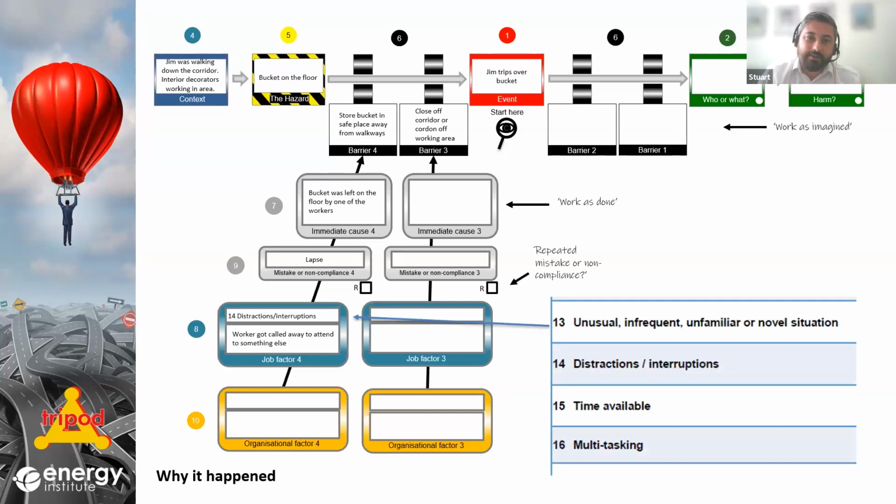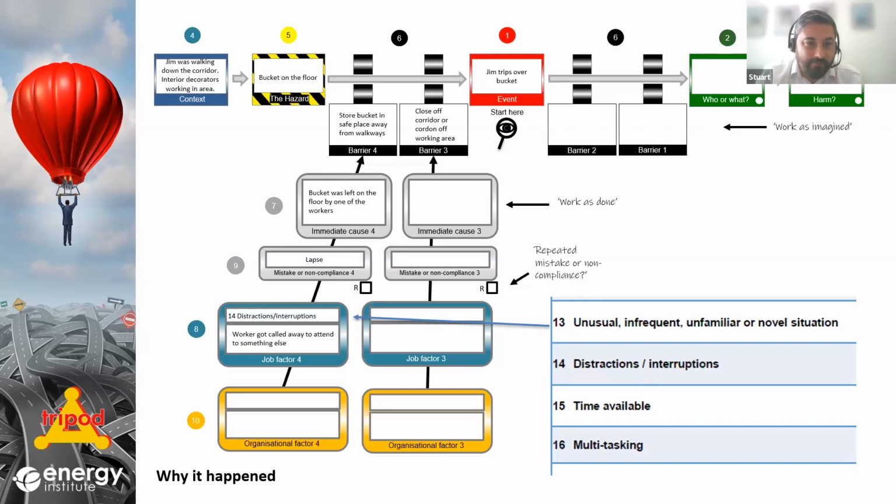And the third box is around the job factor. The job factor is essentially a performance influencing factor, and it allows us to explain why the bucket was left on the floor by one of the workers. What explains that behavior? There are 2 parts to the job factor. There is a completely open-ended box where you can type in information that's unique to this incident.